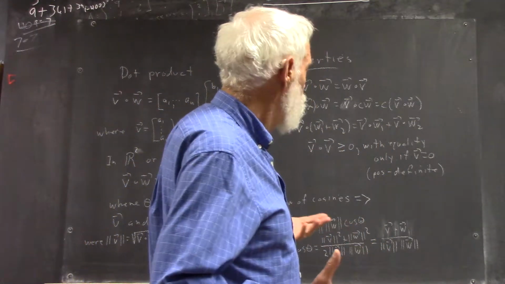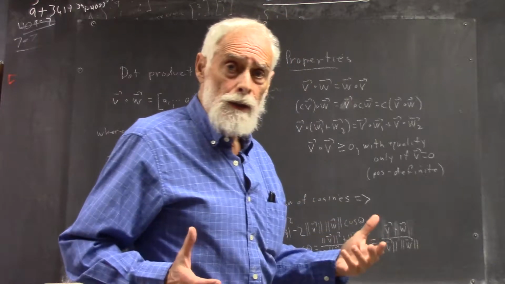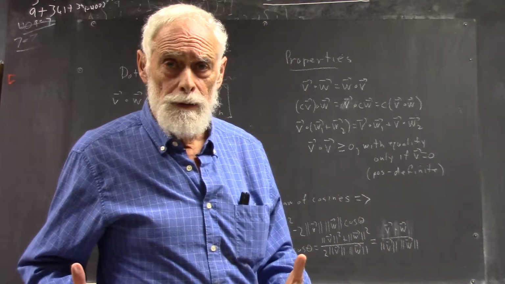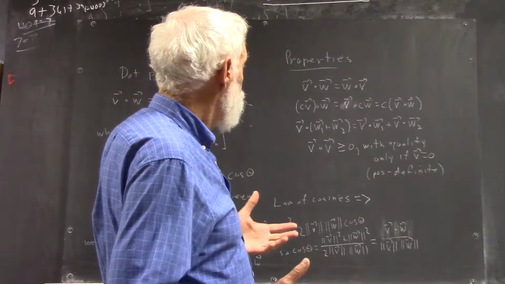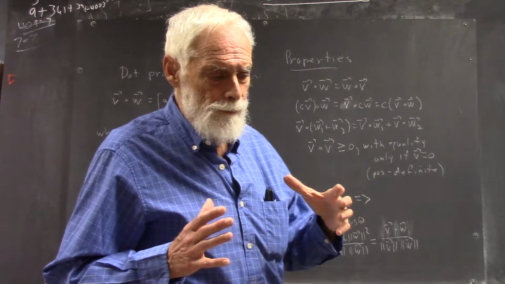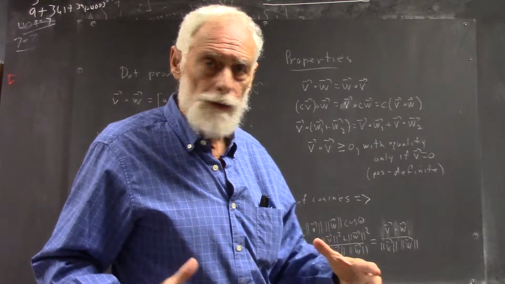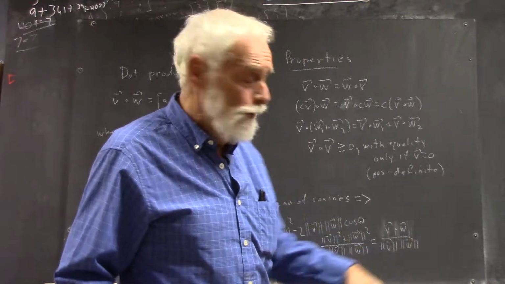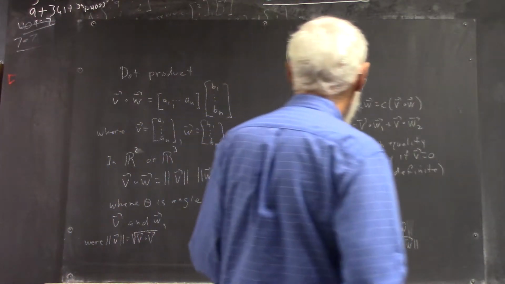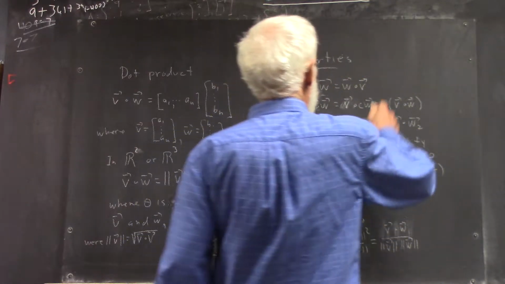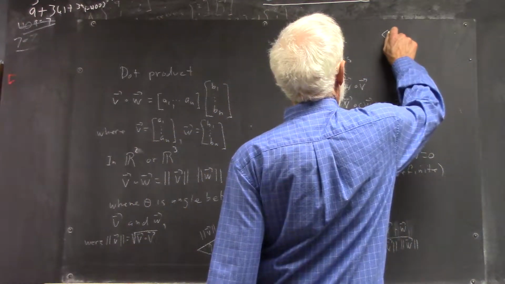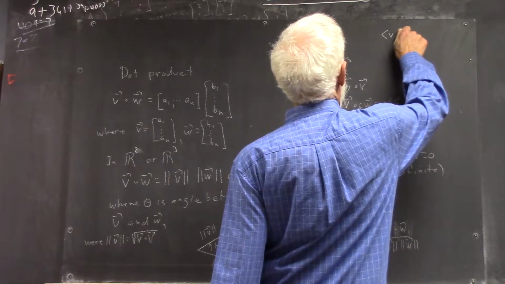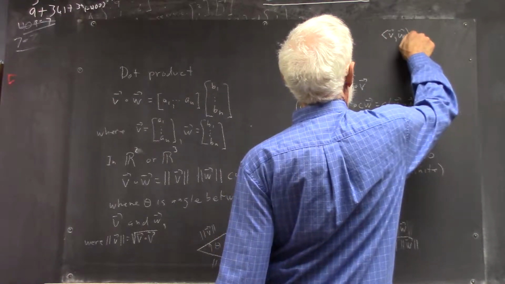Now, there's a lot we can do with dot products. An inner product is going to be any way of combining two vectors that satisfies rules like this. We won't use dot for the inner product. For the inner product, we would say V comma W is the inner product.